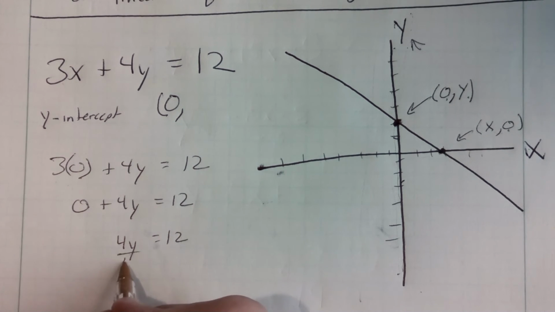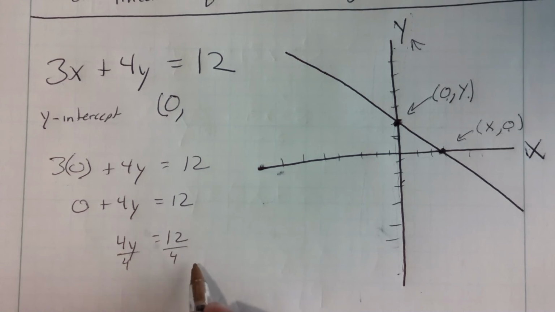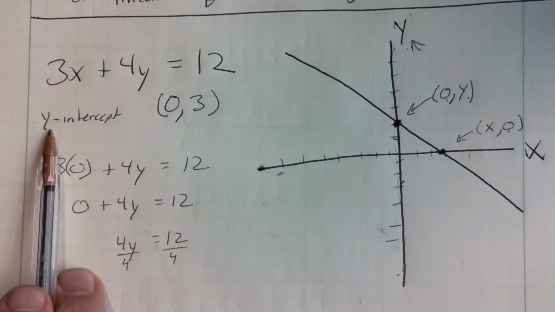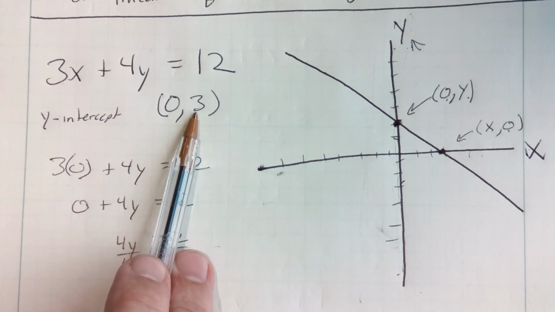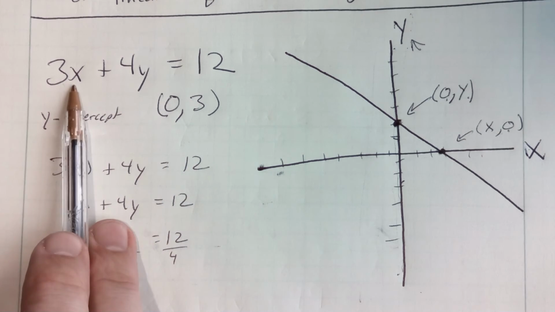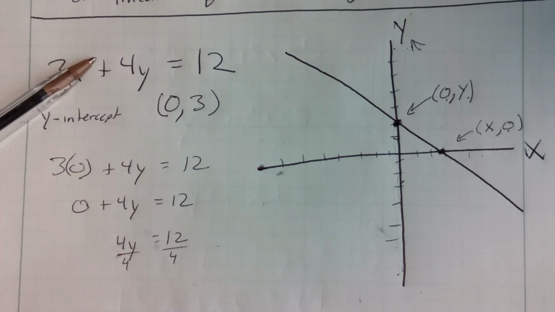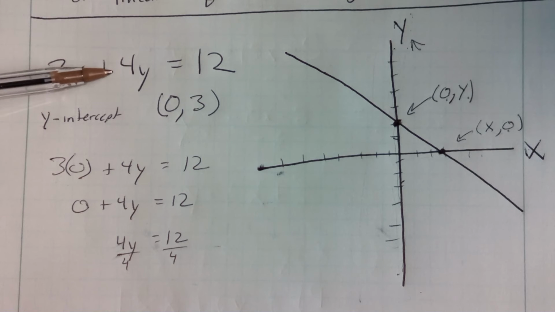Divide both sides by 4, and I get a y value of 3. So my y-intercept for this equation is 3. And I got that by making x 0, 3 times 0 is 0. That term goes away, and I'm left with just this part of the equation, 4y equals 12. I divide by 4 and get my y value.